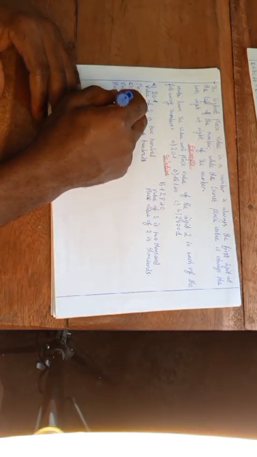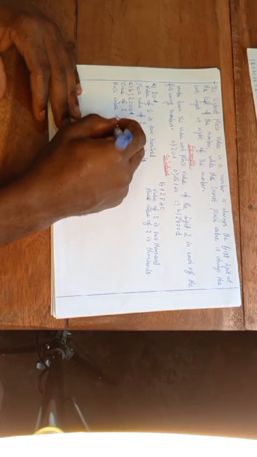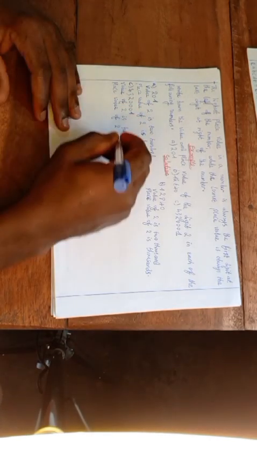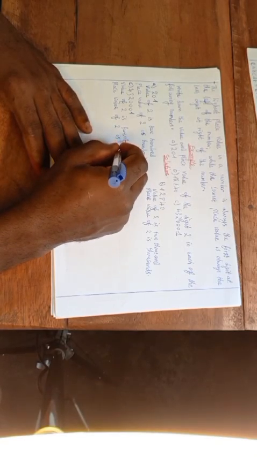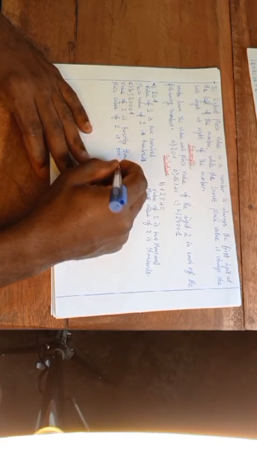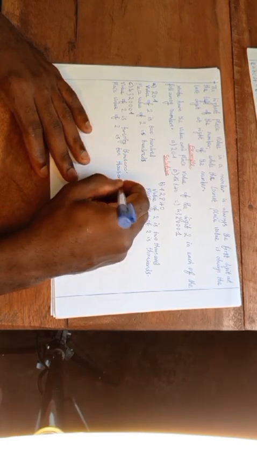So that's the value of 2 in that number, 20,000. Next, we need to get the place value of 2. So the place value of 2 in that number is, if you count after the digit 2, we have 4 other digits. So the place value will simply be 10,000. That's the place value.